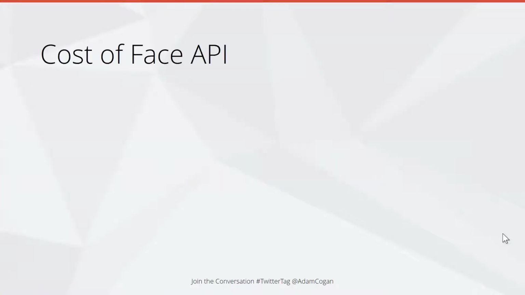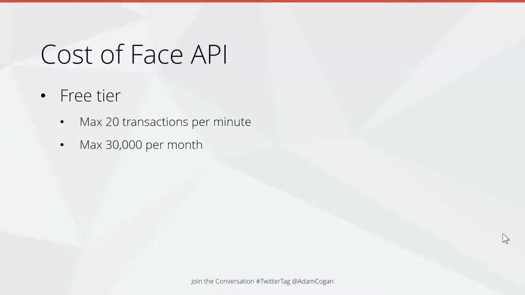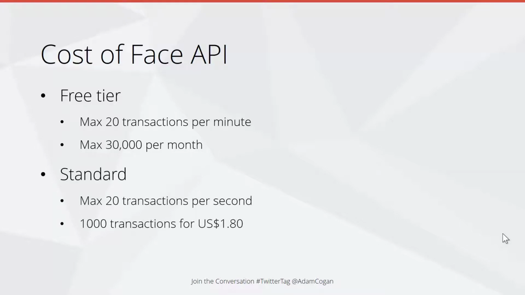So let's first check the cost of the Face API. The free tier seems to be nice. You have 20 transactions per minute and a maximum of 30,000 transactions per month. In most cases, if you don't do real time, this should be pretty good. And the standard tier sounds amazing.